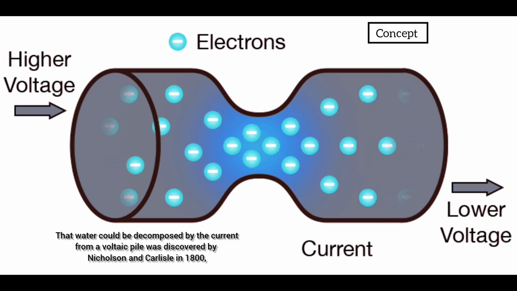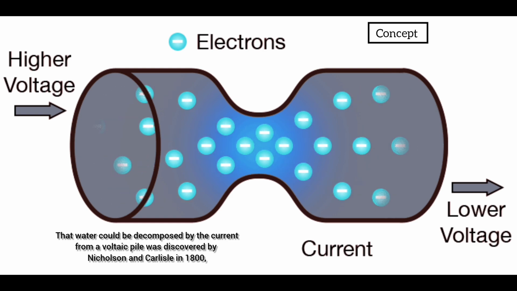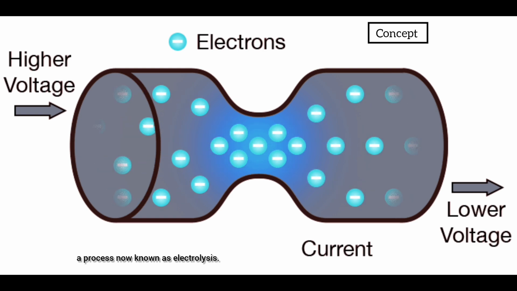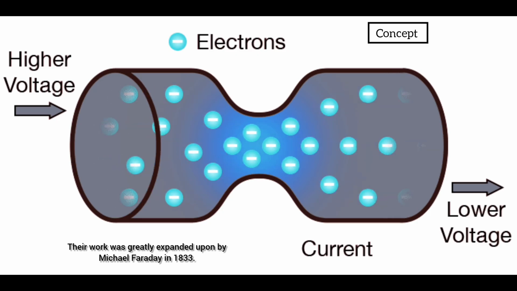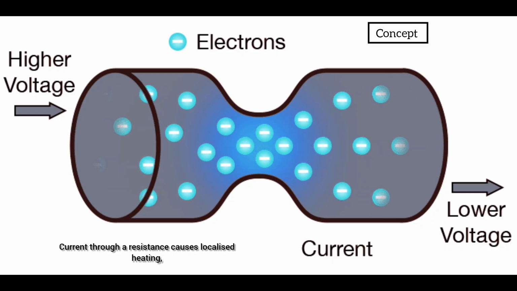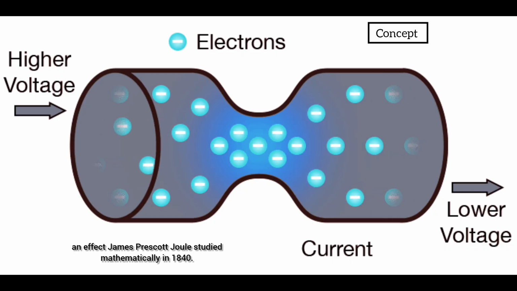Current causes several observable effects, which historically were the means of recognizing its presence. That water could be decomposed by the current from a voltaic pile was discovered by Nicholson and Carlisle in 1800, a process now known as electrolysis. Their work was greatly expanded upon by Michael Faraday in 1833. Current through a resistance causes localized heating, an effect James Prescott Joule studied mathematically in 1840.